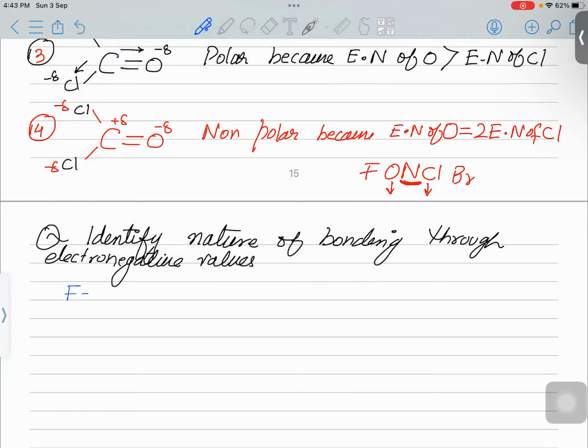Fluorine 4, chlorine 3, bromine 2.8, sulfur 2.5, carbon 2.5, hydrogen 2.1.